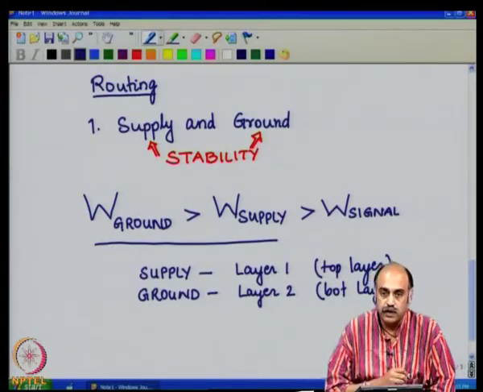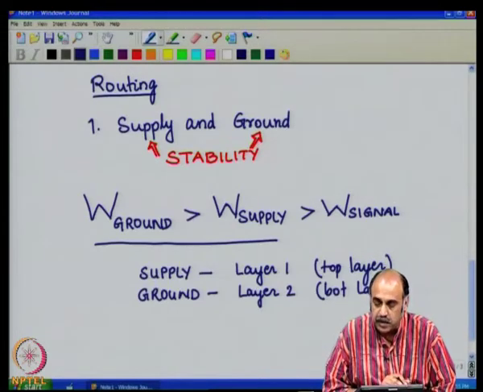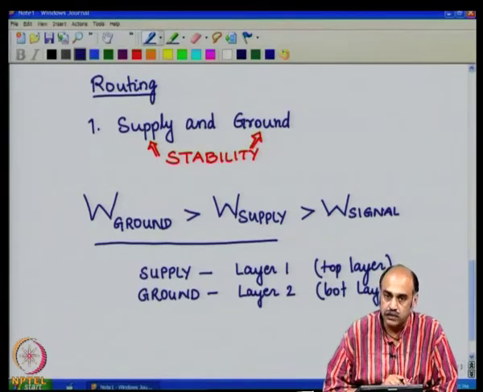If it is a four-sided board, then you can dedicate one intermediate layer for ground, one layer for supply and two layers for the signals.